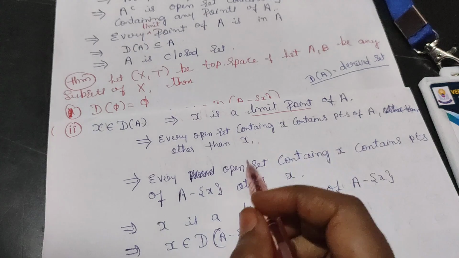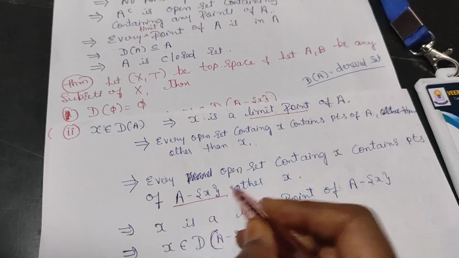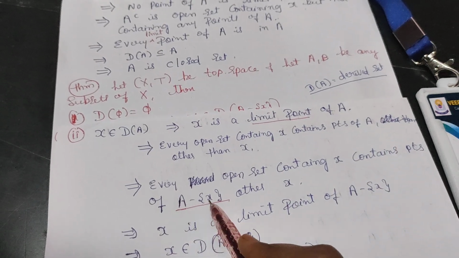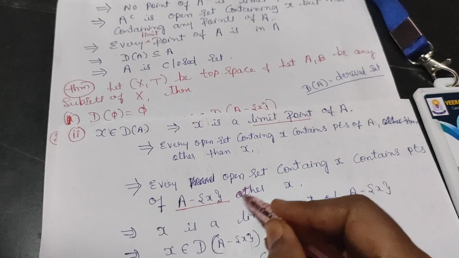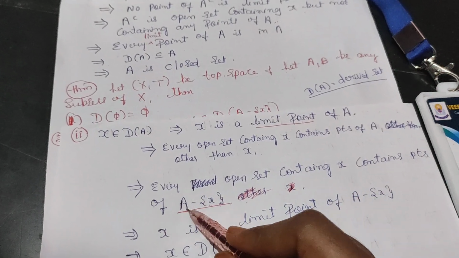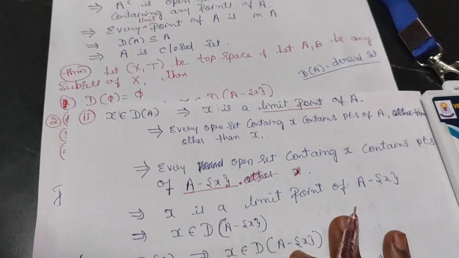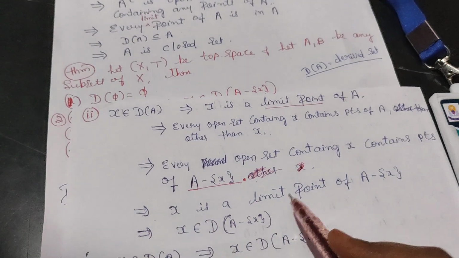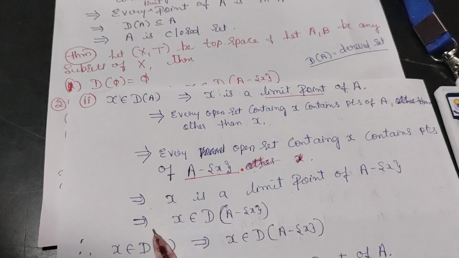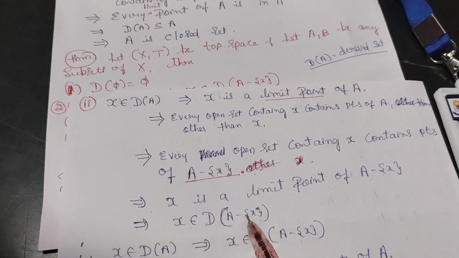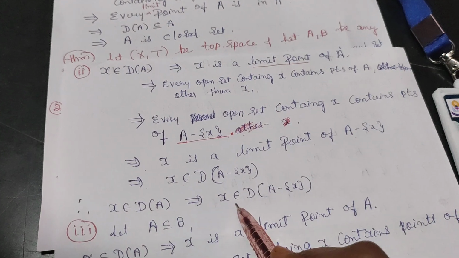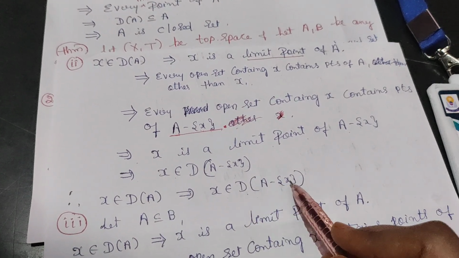So this implies every open set containing x contains points of A minus {x}. This is not required since we are removing x from this A. So this implies x is also a limit point of A minus {x}, so x belongs to D of A minus {x}. Therefore x belongs to D of A implies x also belongs to D of A minus {x}.